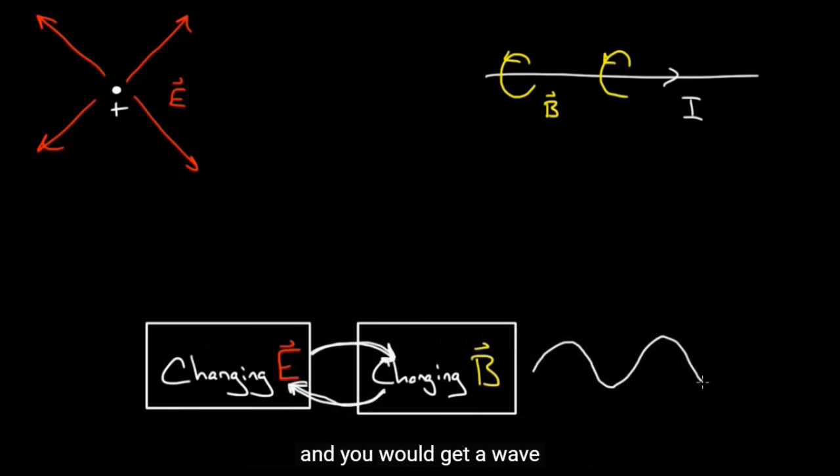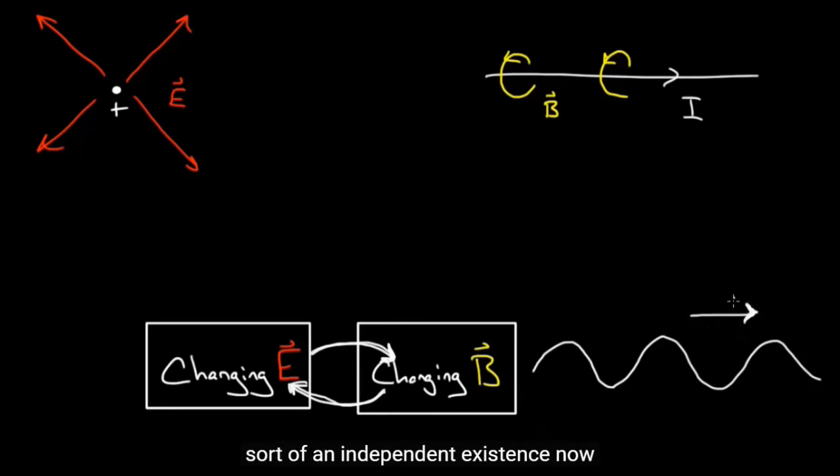You would get a wave of electric and magnetic fields that can travel outward and have an independent existence from whatever parent current or parent charge created them.